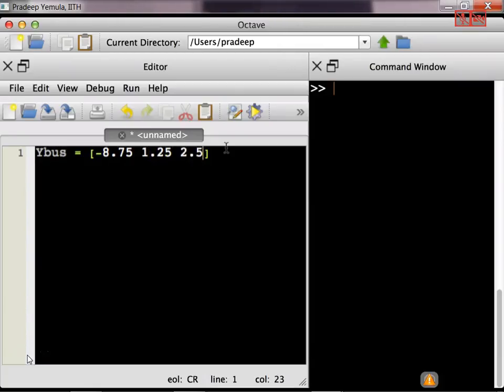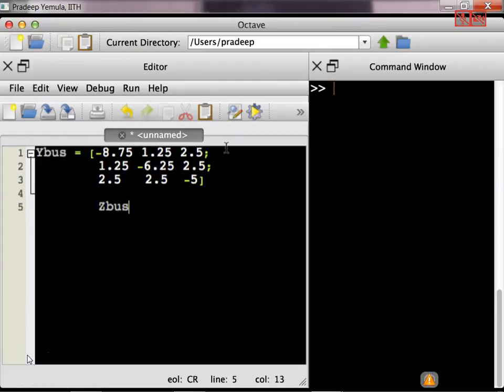This is the first row. Then the second row will be 1.25, minus 6.25 and then 2.5. This is the second row. And finally the third row will be 2.5 and then minus 5. So this is my Y bus.